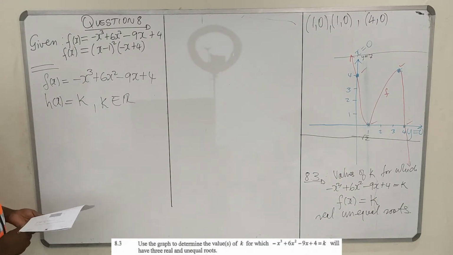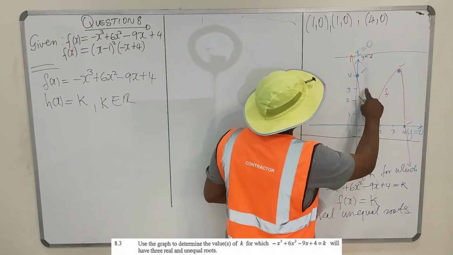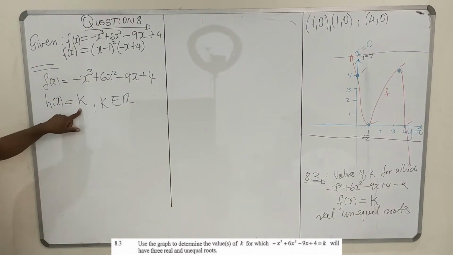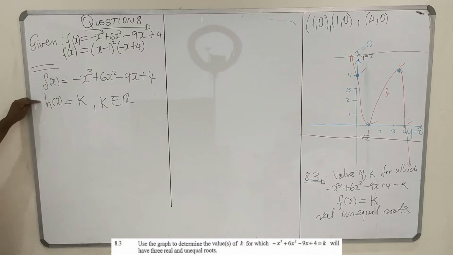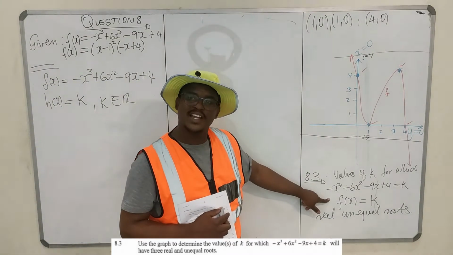What are we doing? So now we have this function, which you know very well is a cubic function. And you have h of x, you know that it's a straight line. You want this function and this function to intersect, right? This is what you want. You want them to intersect.